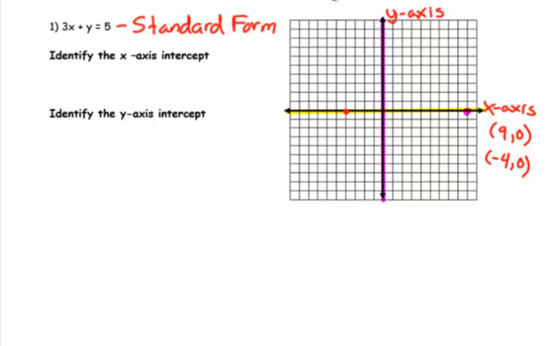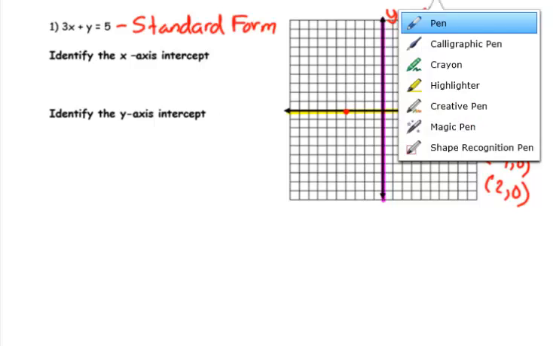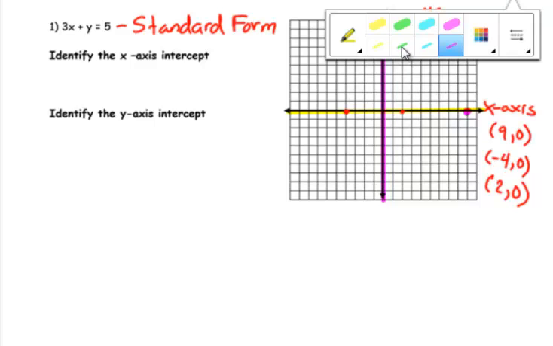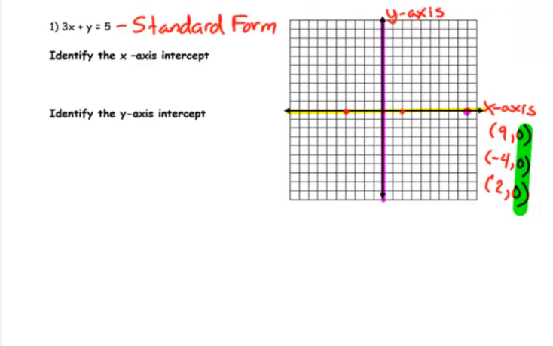And this point here is (2, 0). What is in common is that all of these have y values of 0. So when we look to solve for the x-axis intercept, the y value is going to equal 0.